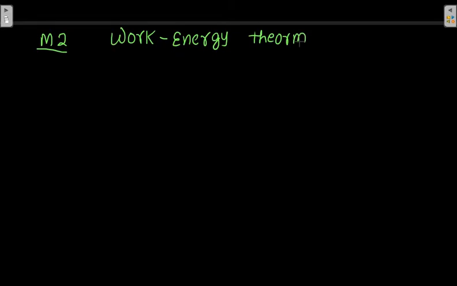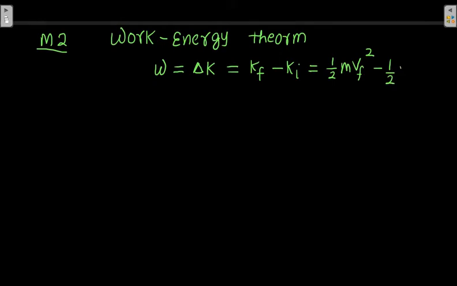The work energy theorem states that work done by net force acting on a body W will be equal to change in its kinetic energy, that is delta K, or we can write it as K final minus K initial, or half m v final square minus half m v initial square, where v f and v i are the final and initial speed and m is the mass of the body.